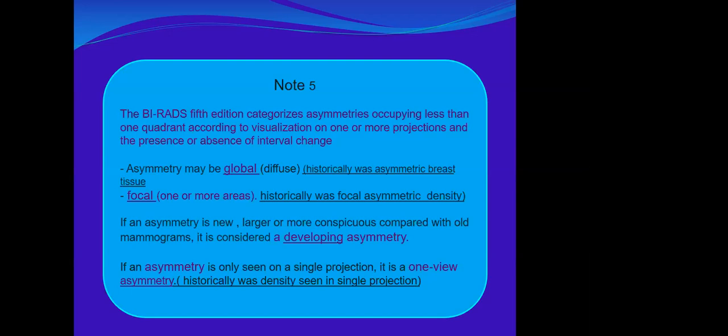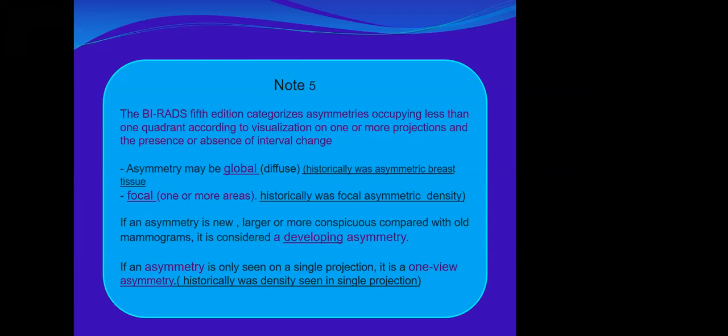If it is less than one quadrant, more focalized, we call it focal asymmetry, and previously it was called focal asymmetric density. But as they mentioned, it can be confused with the descriptor of the X-ray attenuation of the mass.